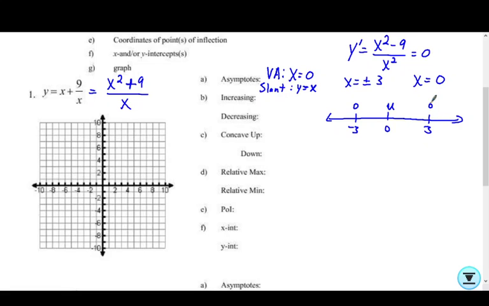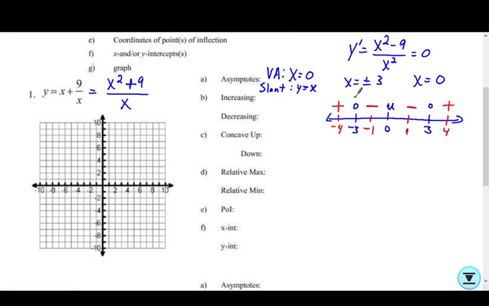Okay, so now we test. On this side, I plug in negative 4 into my first derivative, I get positive. Here I plug in negative 1, I get negative. Here I plug in positive 1, I get negative. Here I plug in 4, and I get positive. So this tells me where my function is increasing and decreasing.